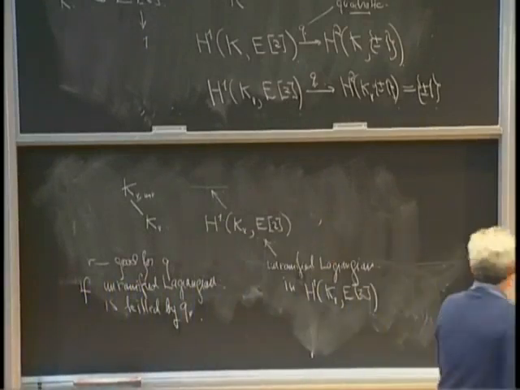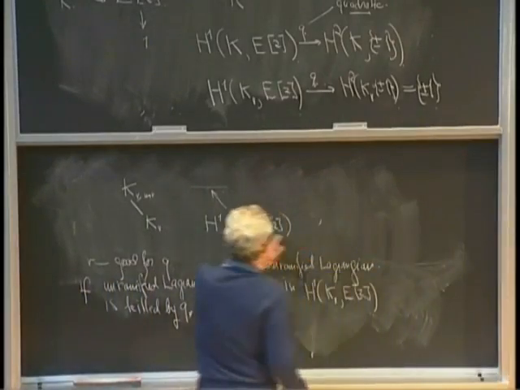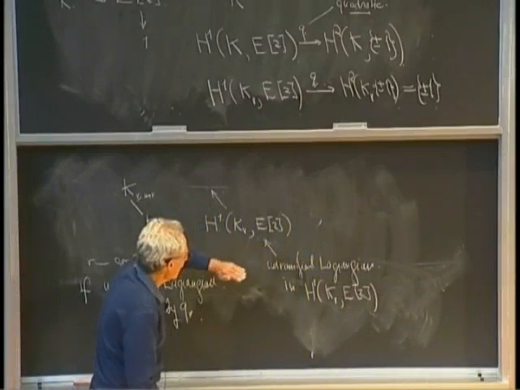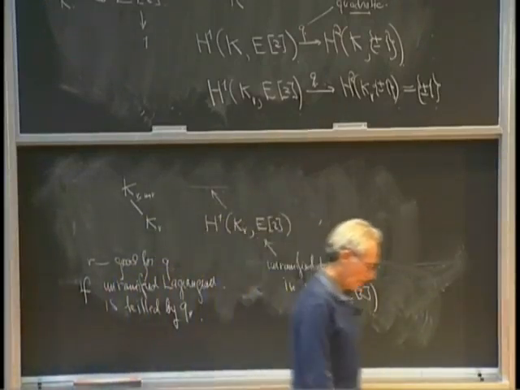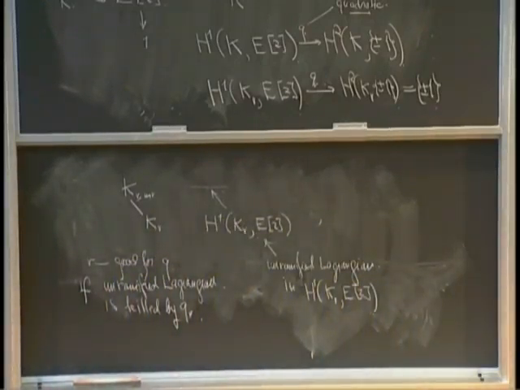Okay. Now think of the situation here. We have a projective space. We have a smooth quadric on the projective space.